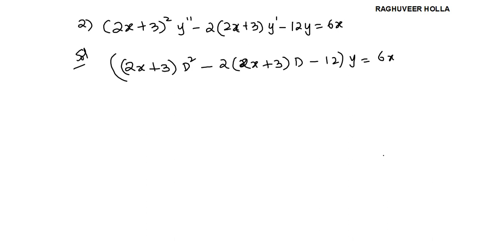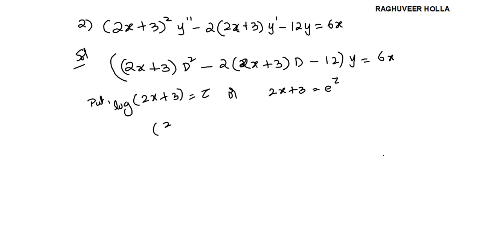Now let us put 2x plus 3. This is of the form of Legendre's equation. So again let us put log of (2x plus 3) as z, or we can write 2x plus 3 as e to the power of z. Now we have 2x plus 3 times D equal to 2 times D1.